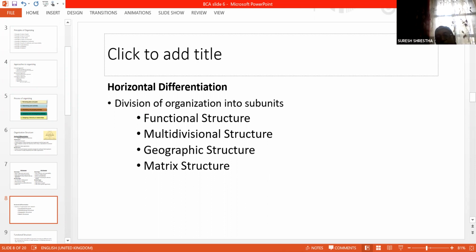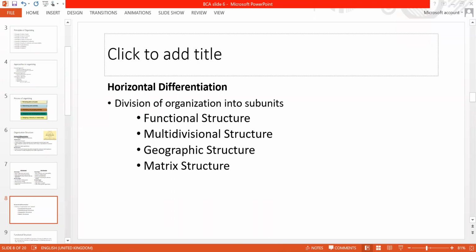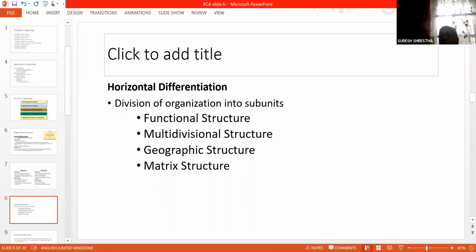Concept of organic and mechanistic views of organization. Write it down. You have to deliver a presentation on organic and mechanistic views of organization.